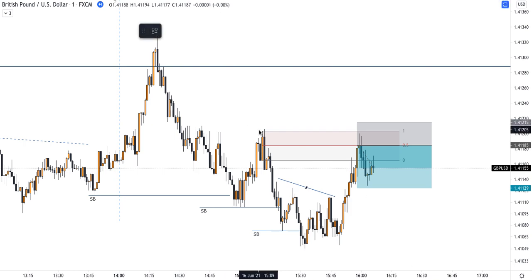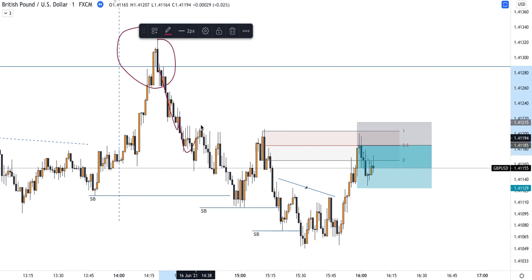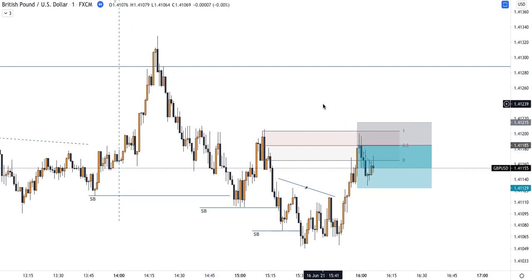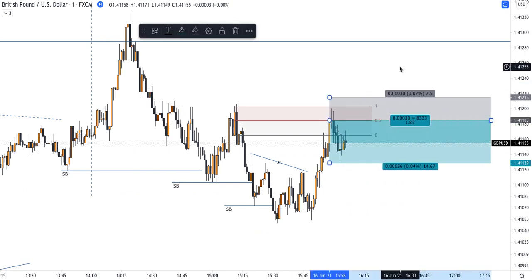So this high then is protected, and we will not likely see price sweeping that high again, because we already swept the highs at the top, and then price was just moving down. We came back up, we swept whatever was on the left, and then price failed to sweep again, and pushed down. So we had confirmation that price was then going to move towards the downside.